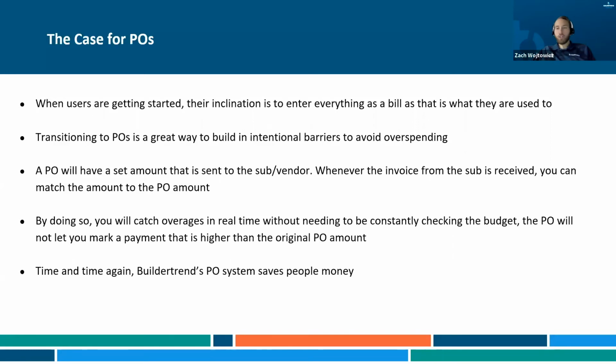And even if you are just receiving bills from your subs, if the sub doesn't even know that you're using a purchase order system or a subcontract system, when you receive the bill, you are matching that bill to the PO, and hopefully they are the same amount, right? If the bills that you received are above what the PO was for, now you are aware in the moment that you are over on that particular line item, on that budget.